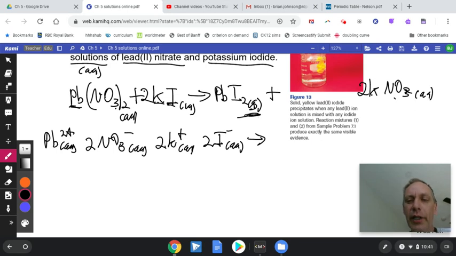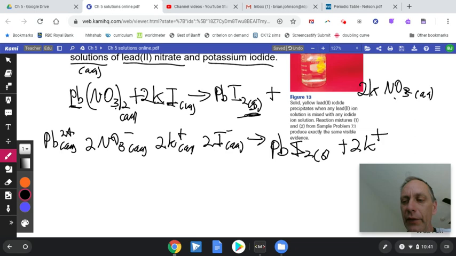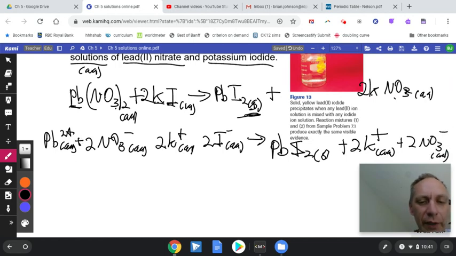This one's a solid, so it stays together. PbI2, solid. Does not dissociate, it has low solubility. And 2 K plus, aqueous, high solubility. And 2 NO3 minus, aqueous. I should sneak my plus signs in there.